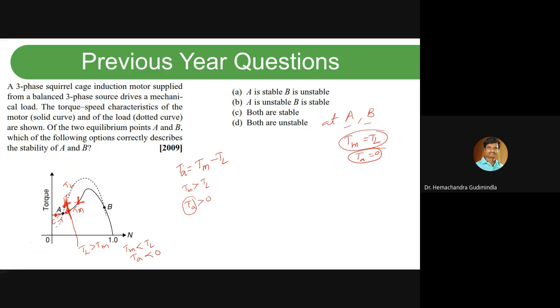So it will reach point A again. So point A is stable, because if you create any disturbance in the speed, it reaches the same equilibrium point A, and then we call A a stable point. Now we will apply the same procedure to point B.